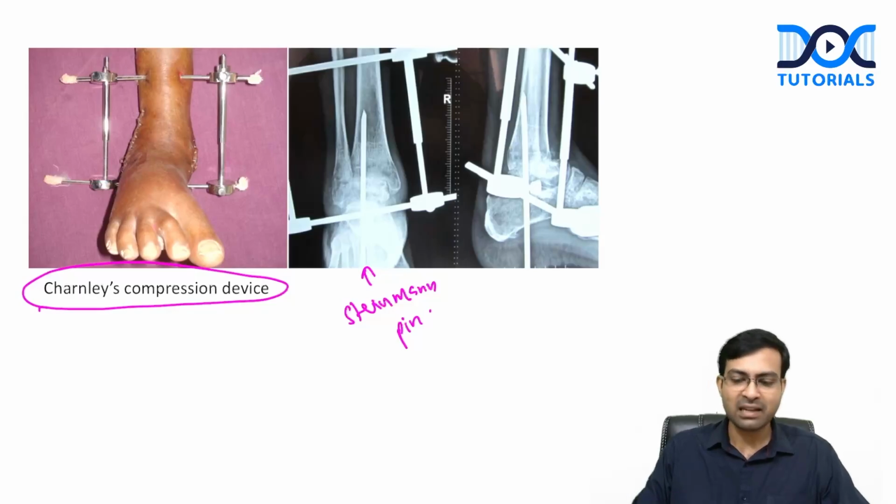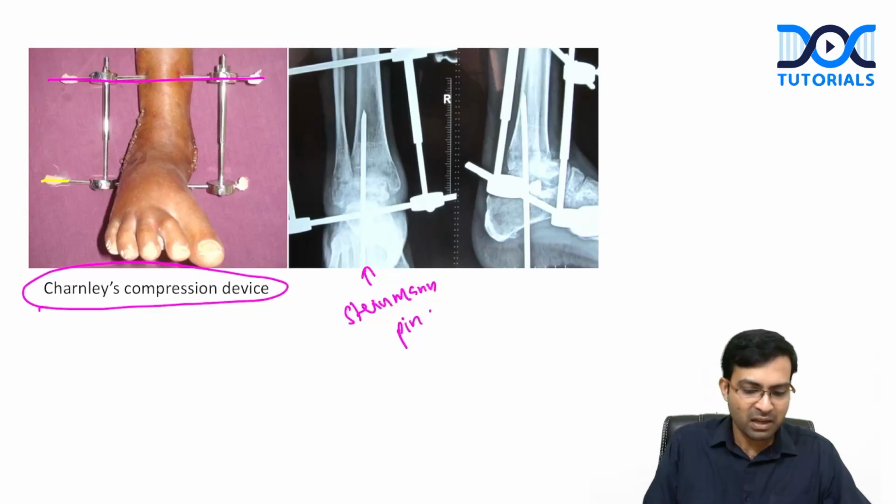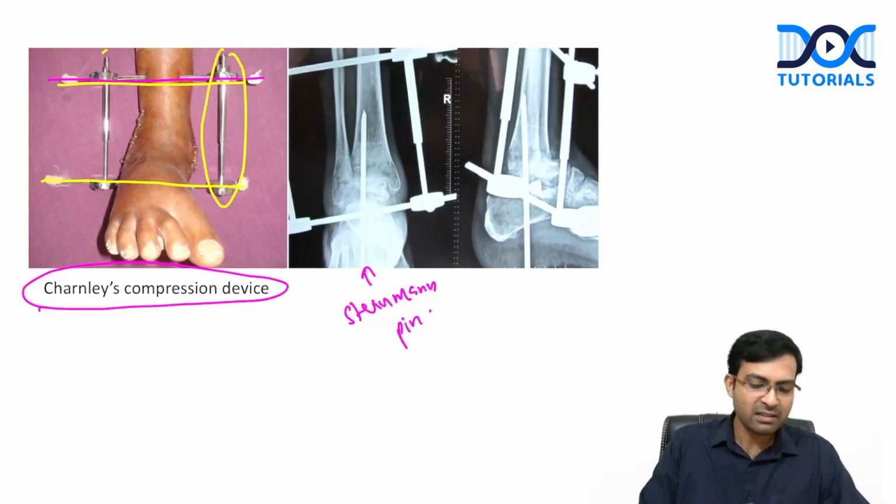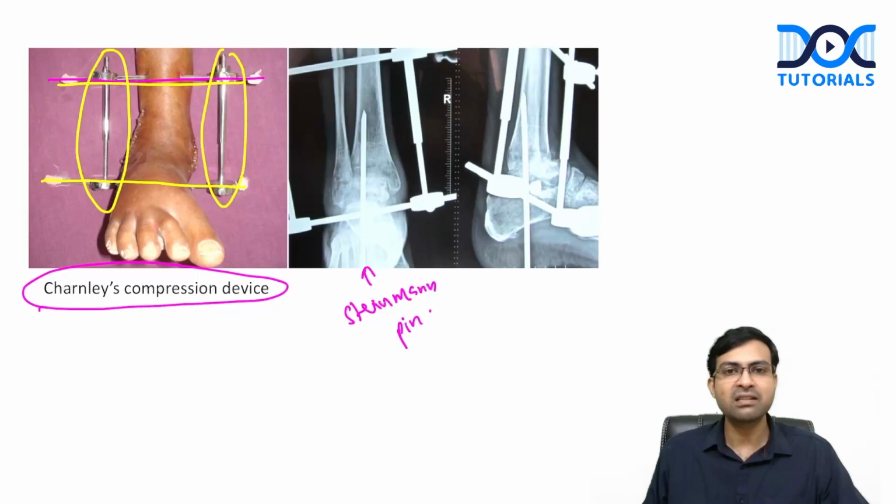Then you use a second Steinmann pin and you drive it transversely across the tibia. Then you use a third Steinmann pin and you drive it transversely across the talus like this. Then you attach this device. So this is your Charnley's compression device, which can be used.